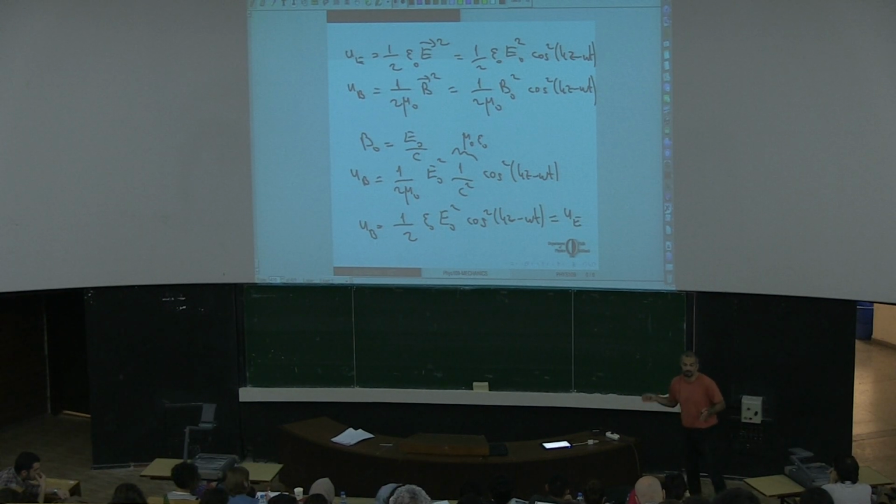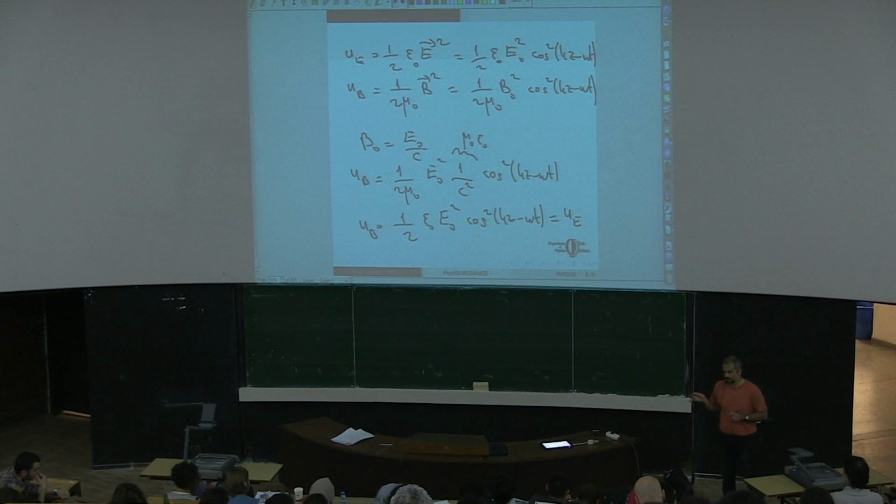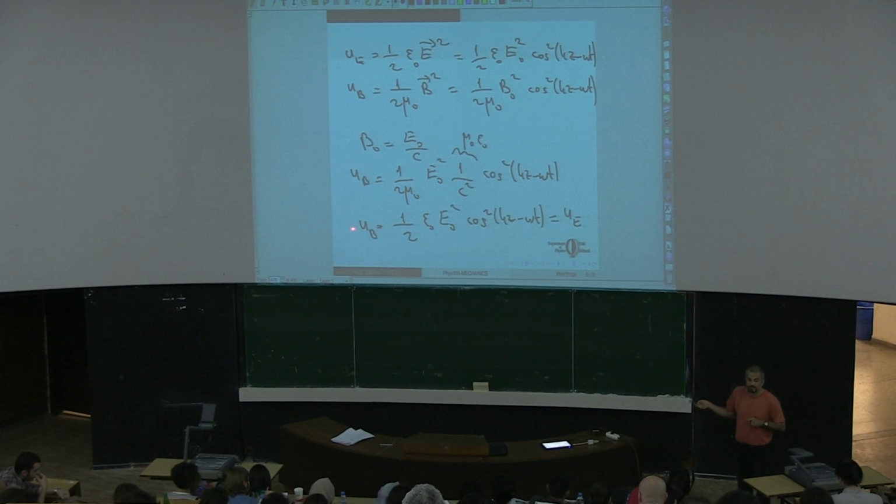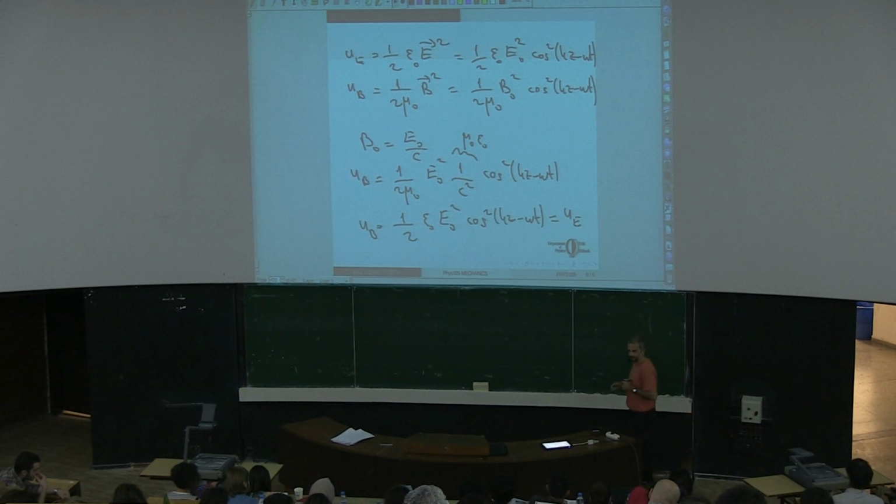And these should be equal. That is what we call conservation laws: a quantity that has the same value at different times. Now, this is at the same time. At a given time, the energy density of the magnetic field in our solution is equal to the energy density in the electric field. This is not the conservation.